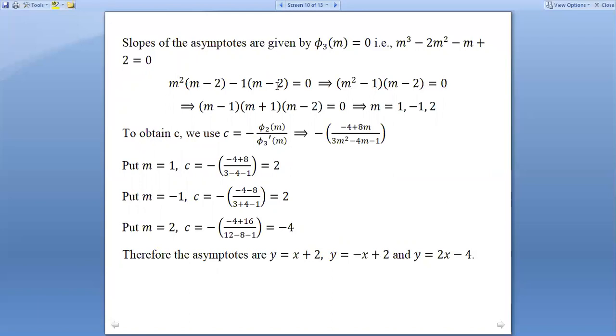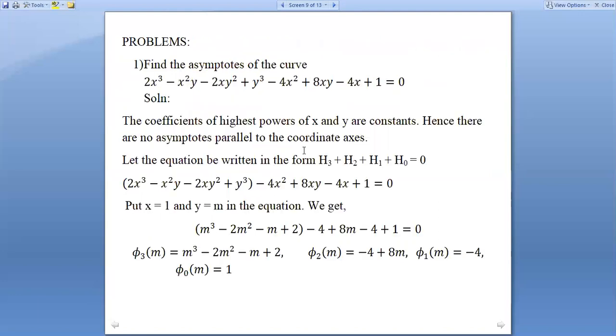So you get 3 values for m, and for all these 3 values of m, you need to find out what is the intercept. So to obtain c, we use the formula c is equal to minus phi2 of m divided by phi3 dash of m. So phi2 of m is known, minus 4 plus 8m, divided by phi3 dash. You differentiate this with respect to m, so you will get this as 3m square minus 4m minus 1.